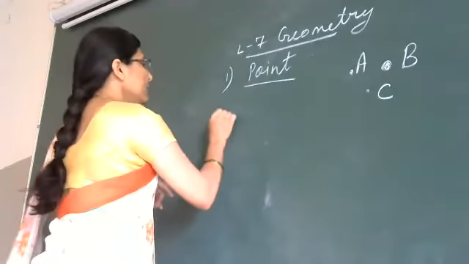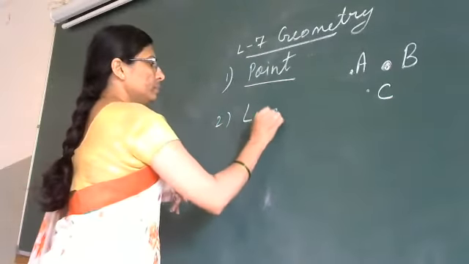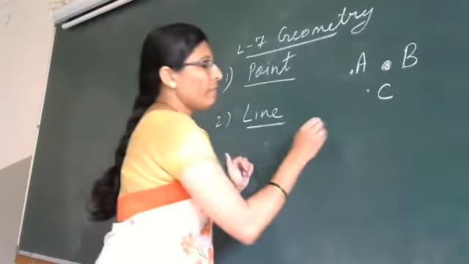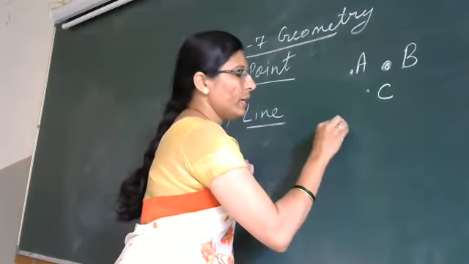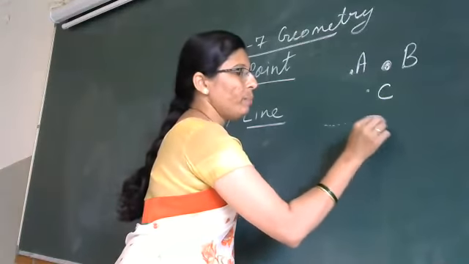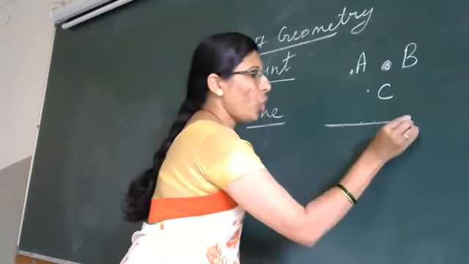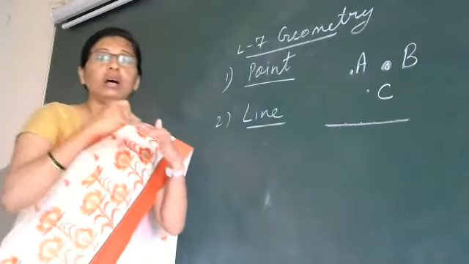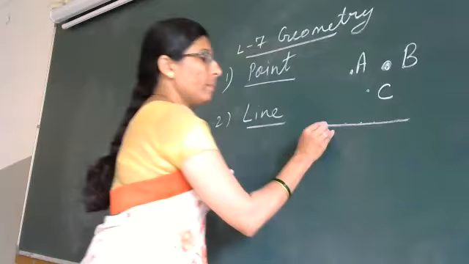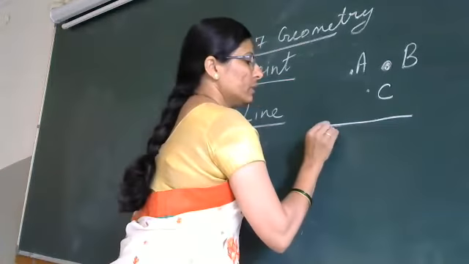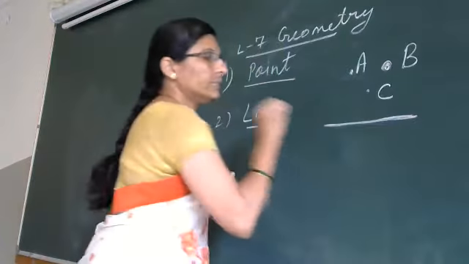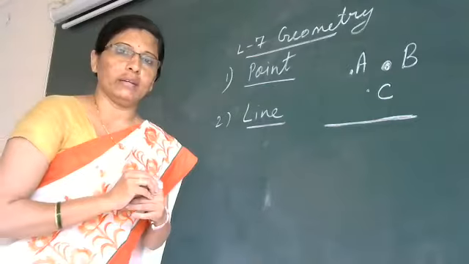Okay. The next one is the line. Now, when there are many points and when we join those points in a straight manner, this is a line.